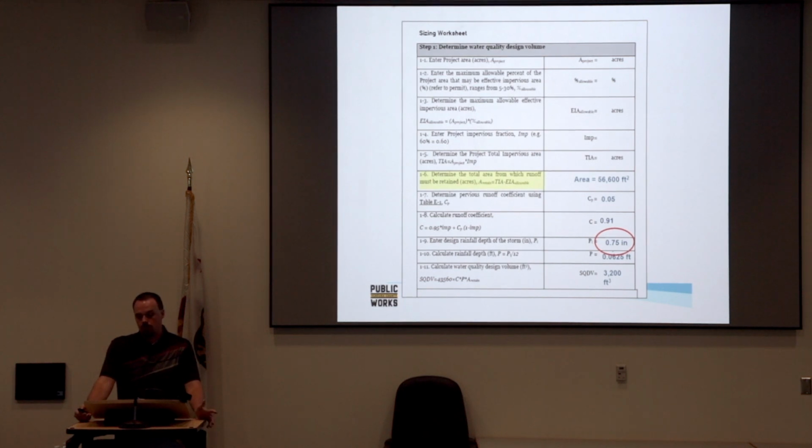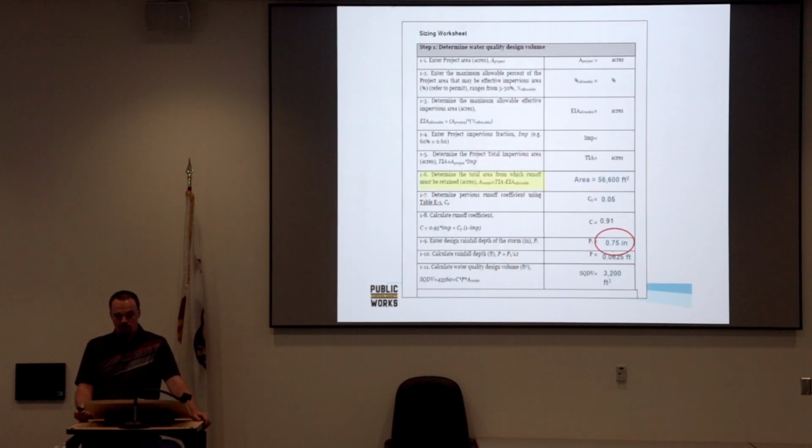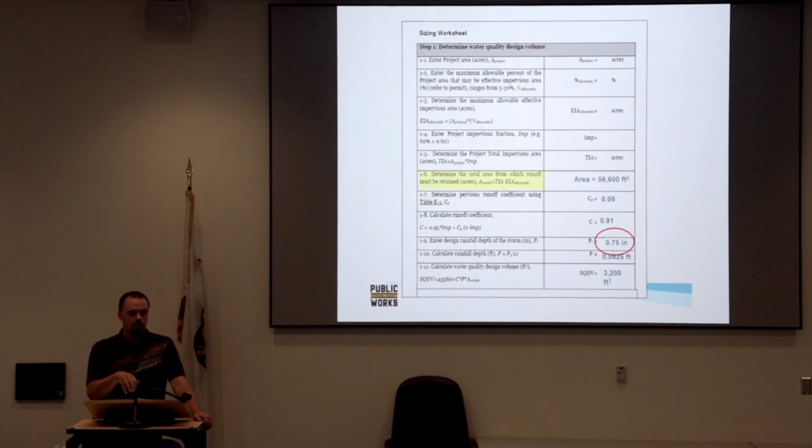Then we turn that into a foot value, dividing by 12 to get the value below it, 0.0625 feet. From that you can calculate your stormwater quality design volume. So for that single drainage area of 3B, you'd have to retain 3,200 cubic feet.